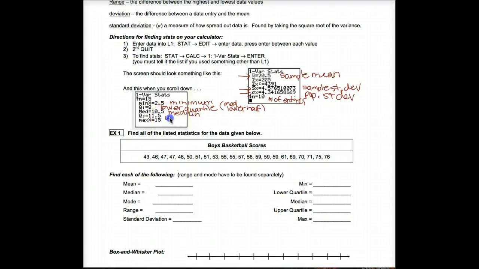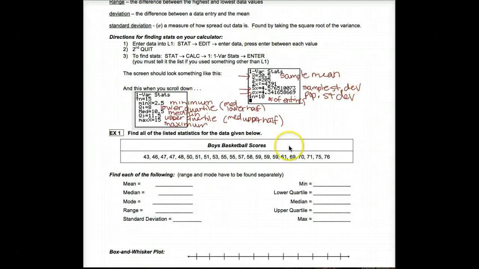Q3 is the upper quartile, which is the median of the upper half. You have probably found these items before. I know in junior high math, box and whisker plots usually get introduced, and you use the lower quartile and upper quartile for that. Obviously, max x is the maximum value, the highest value.